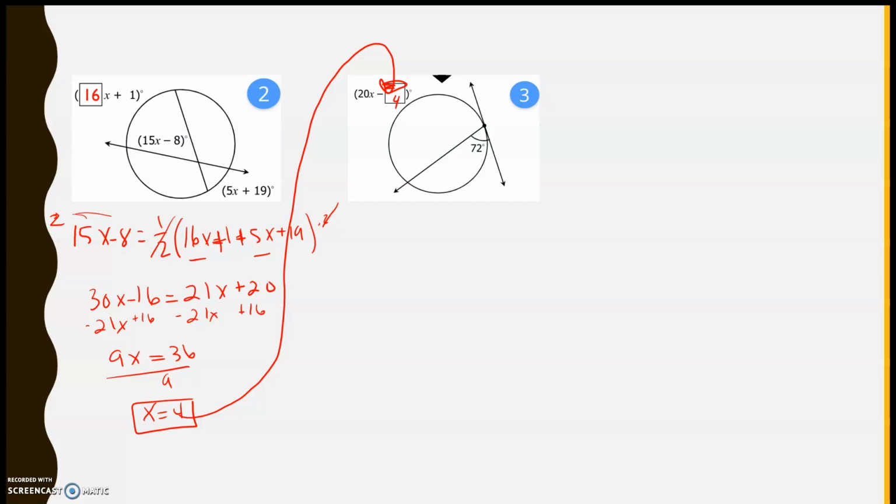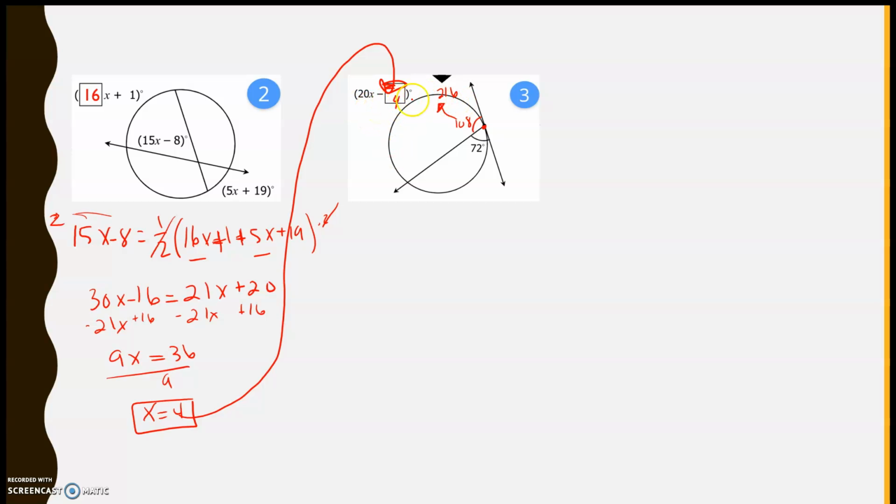And then to solve 3, you're going to use this new value that you found to figure out what's going to be your answer for number 4. Well, I know I have my entire linear pair here, 72, which means this angle here is going to have to be 108. But I know just like an inscribed angle, it's going to be half of the arc. So the measure of this arc here is going to give me 216. So 216, but they're telling me that this should be equal to 20x minus 4.